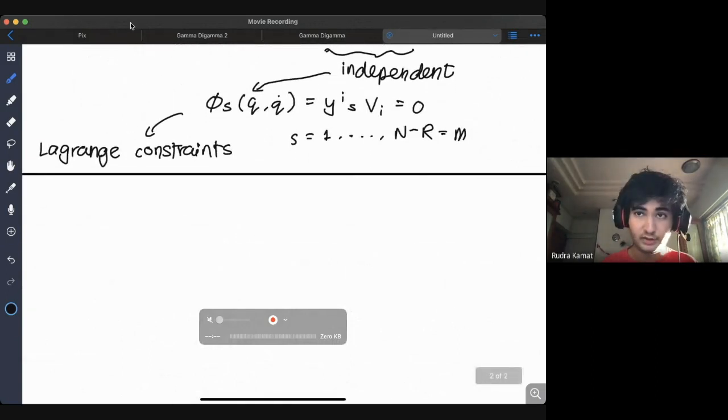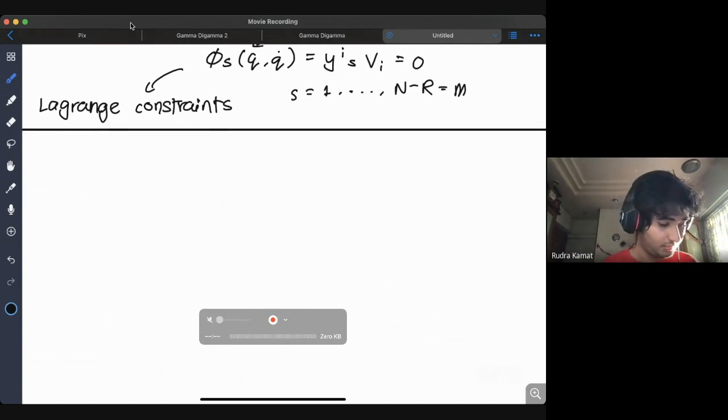So this was still the Lagrangian formalism.